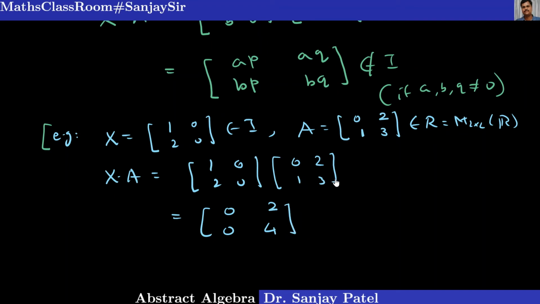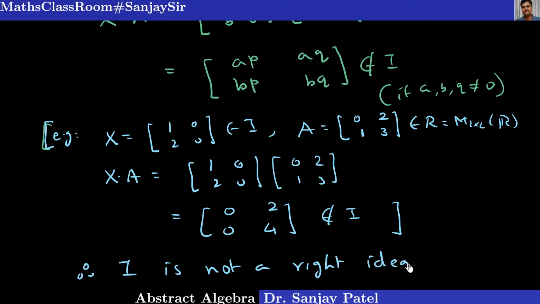Okay. And it is clearly not a member of I. So this is a particular case. You can also give this reason why I is not a right ideal. So I can say, therefore, capital I is not a right ideal.